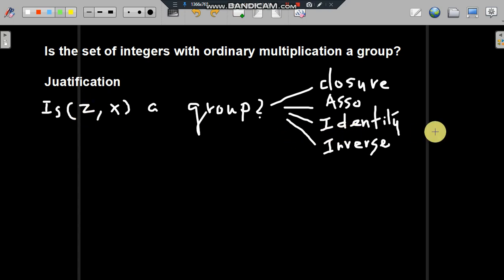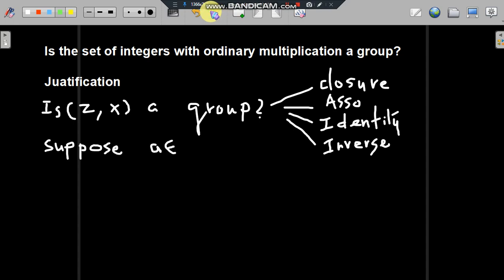The identity this particular set has with respect to multiplication is 1. 1 is the identity for this group. Now the last one is inverse. This inverse has some problem with this algebraic structure. Now let us look at that.